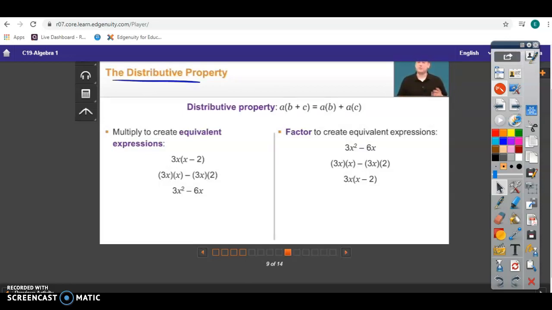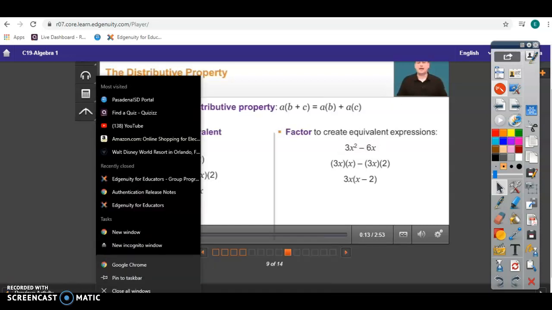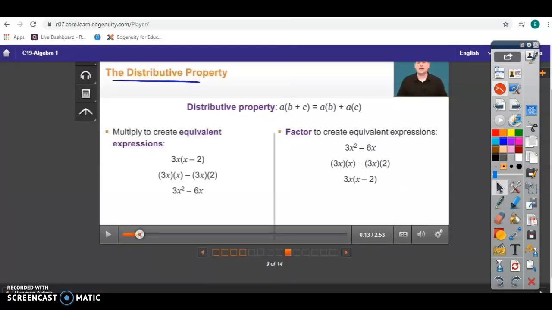So this is the same thing. Let me pause right here. They want to know, what do these two have in common? Well, I can put 3 and 6 in my calculator. My greatest common factor is a 3. So both of them have a 3 in common.